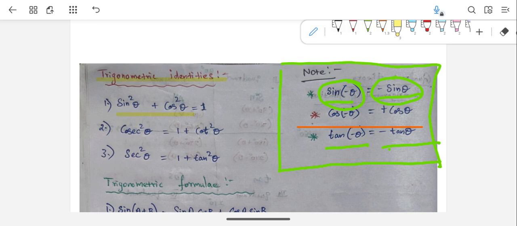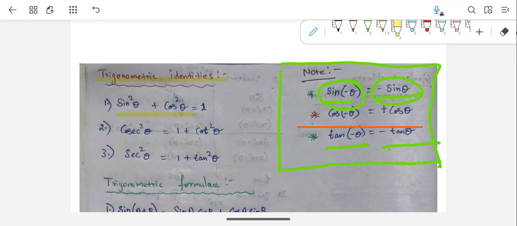That expression you can simplify to just the value 1, using the first trigonometric identity. The only thing you need to keep in mind is that for sine square and cos square theta, the angle should be the same. If you have sine square 60 degrees plus cos square 45 degrees, then you can't use this identity. Both should have the same angles, right?